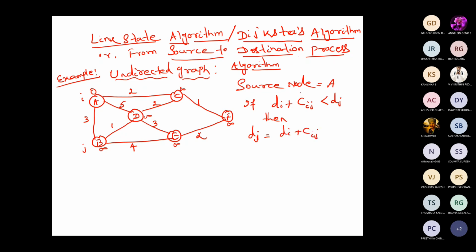What is the meaning of this? I'll come to the point. Suppose the current value is infinity, and the new dj value you calculate is 1, 2, 3, any value, which must be less than infinity only. Then only for that smaller value do we strike out that infinity and write the new value there. That is the meaning of this equation or condition.